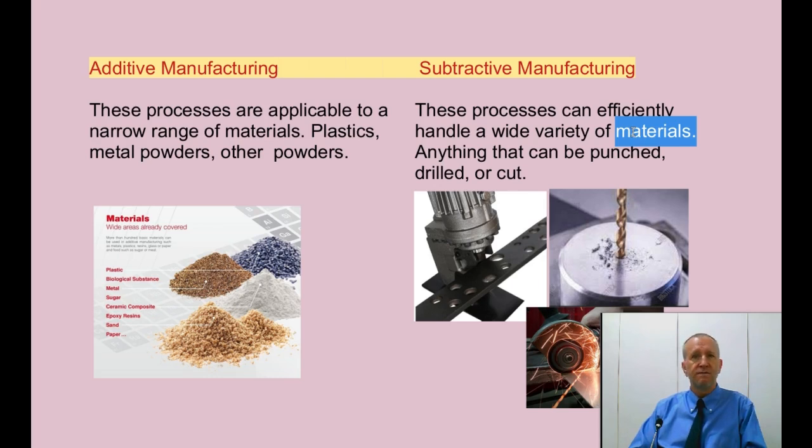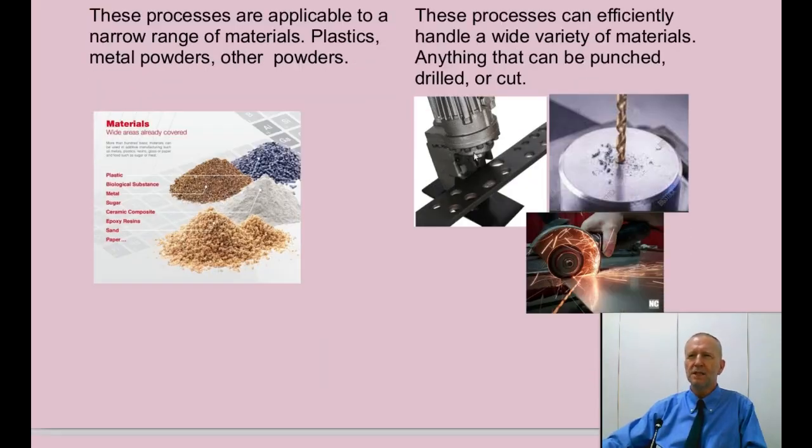Because as long as you can find it, it can be punched, cut, or drilled. As long as it can be punched, drilled, or cut, then we can work with it. And all we have to do is have the hardest tools for that material, harder tools than the material.